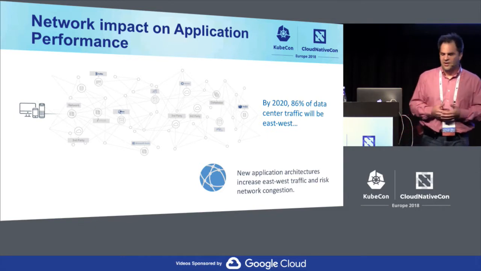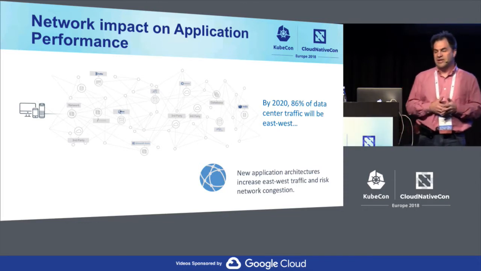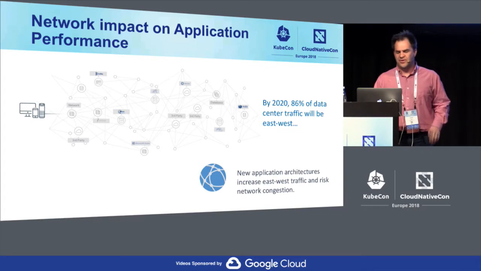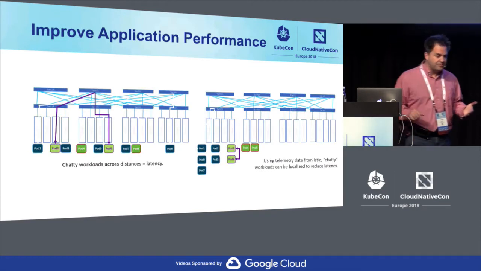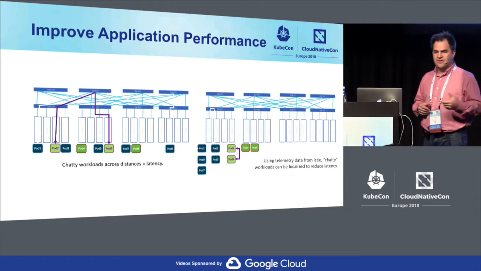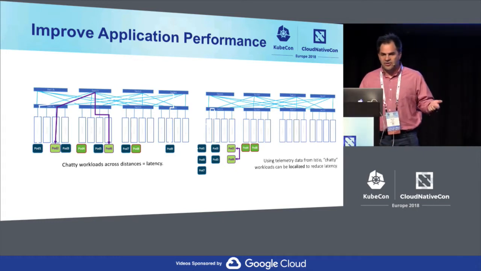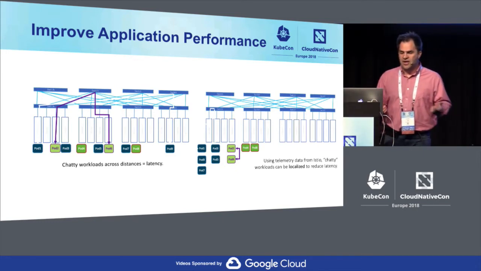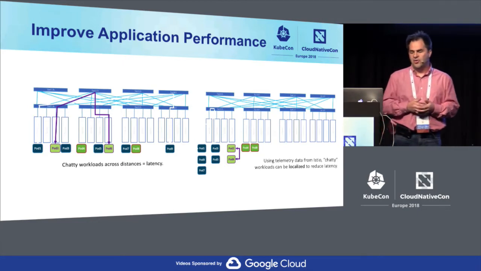But in general, with the evolution of microservices, the traffic patterns are significantly changing. And it's important to be able to understand and manage this communication between the components. For example, you can have applications that communicate with each other, but they might be co-located. They might be in different availability zones. They might be in different regions. They could be spread across on-prem or a public cloud provider.